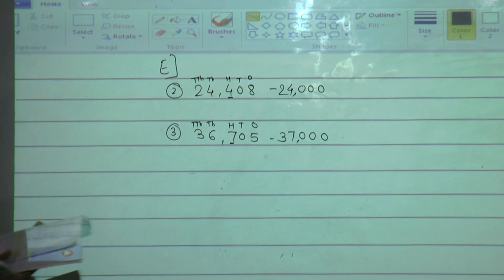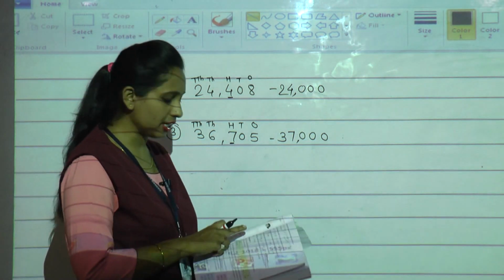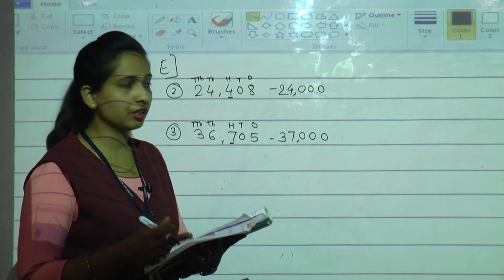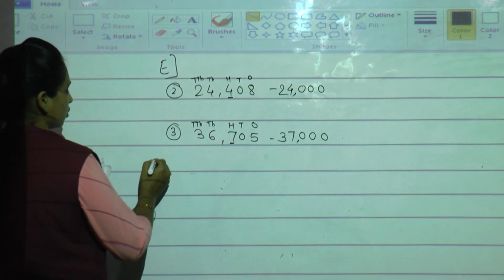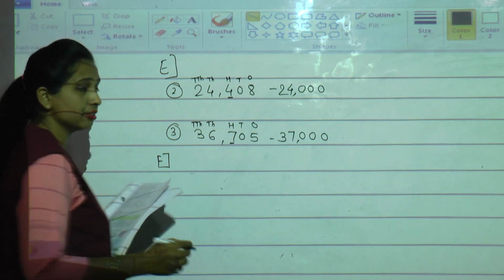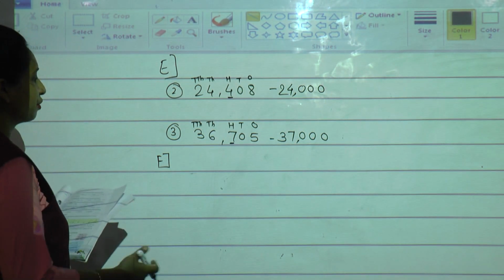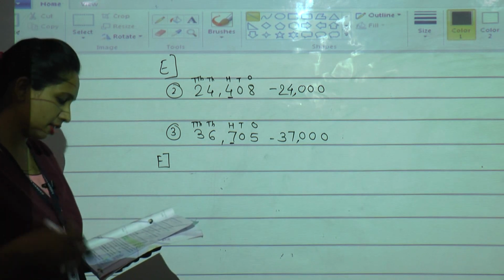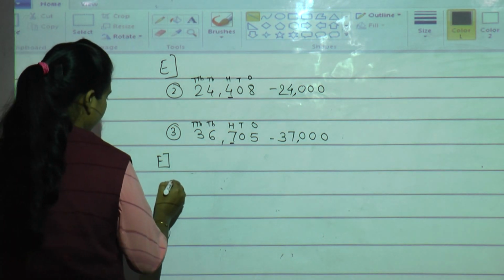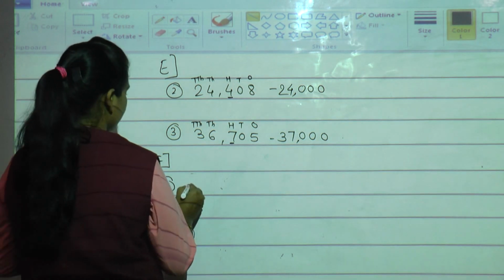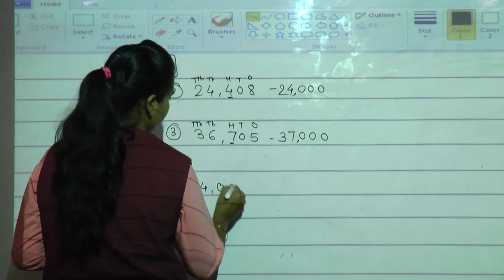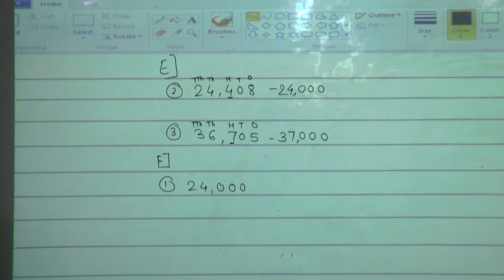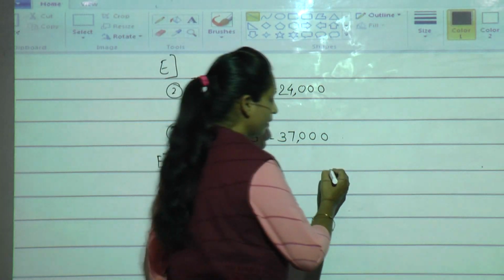Now we will go to the next question. The next question is F. List all the numbers which can be rounded to the nearest thousand. Just now we rounded all the numbers to the nearest hundred. Now we have to find the numbers for the nearest thousand. I will take the first one. What is the first question? 24,000. So what to do? Draw the number line.